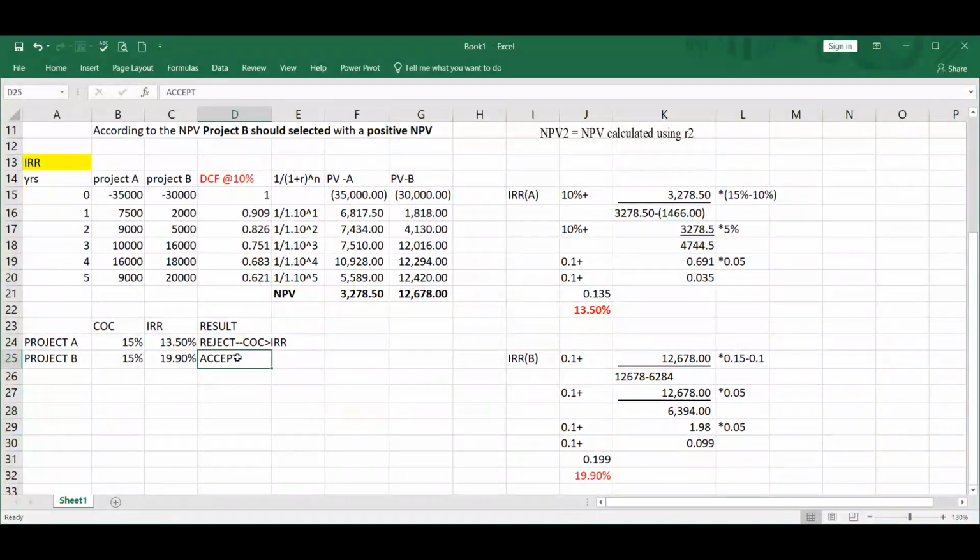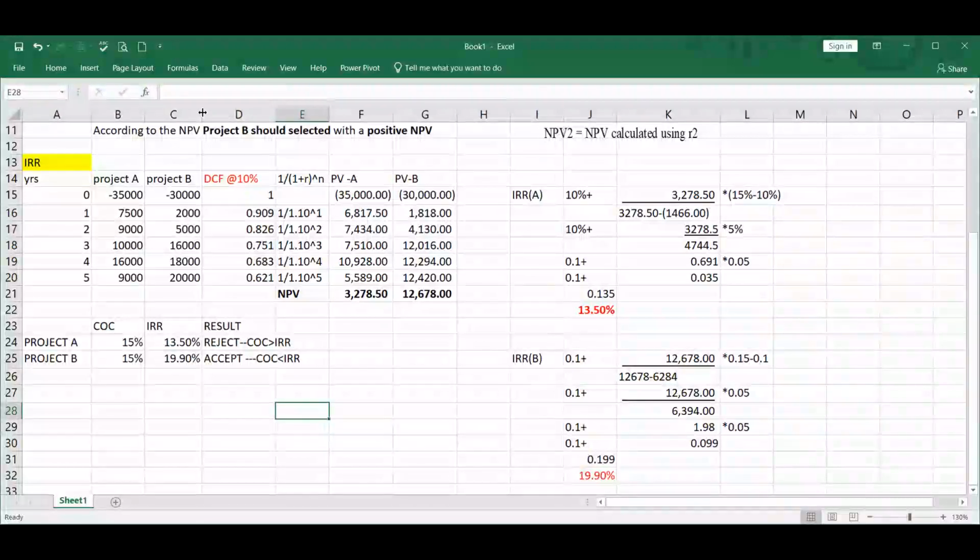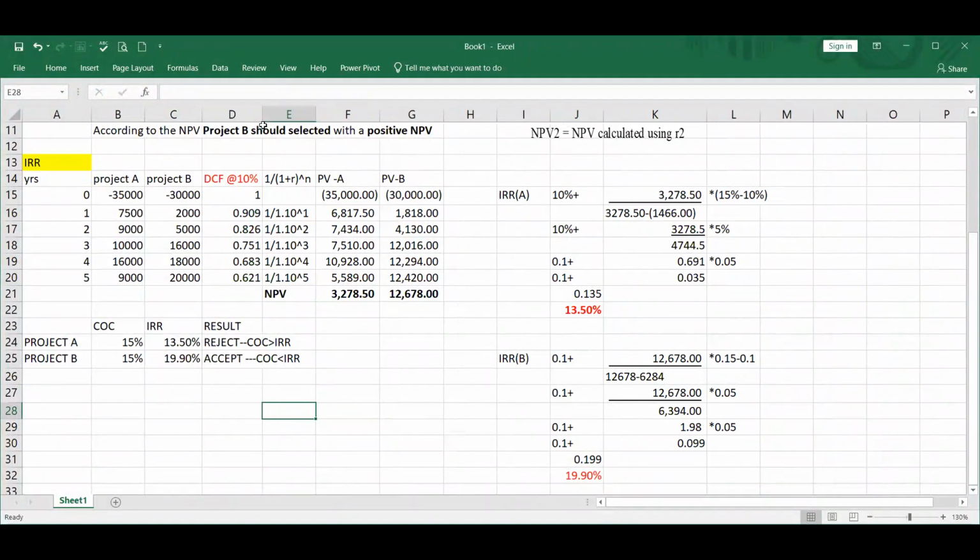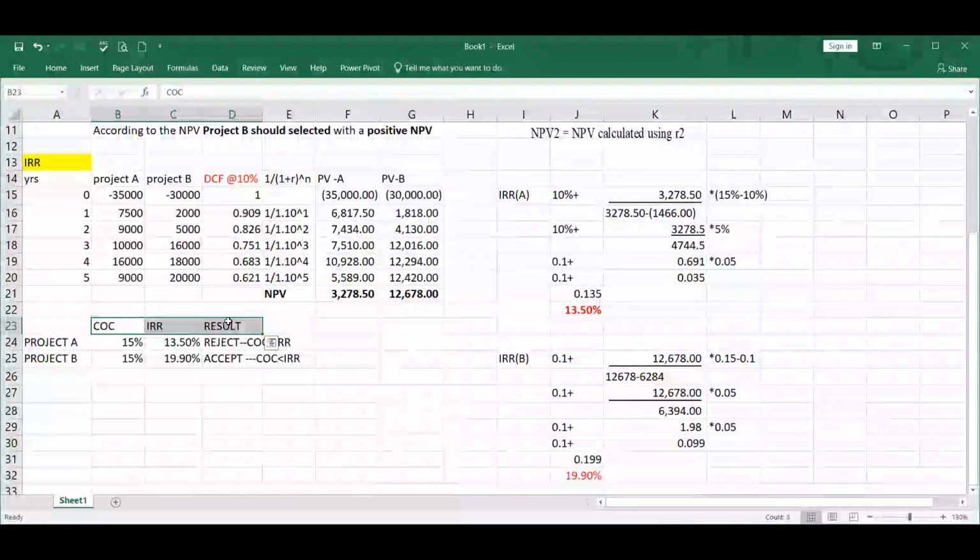We are going to accept this project. Why? Because the cost of capital rate is lesser than the IRR. Is it okay?